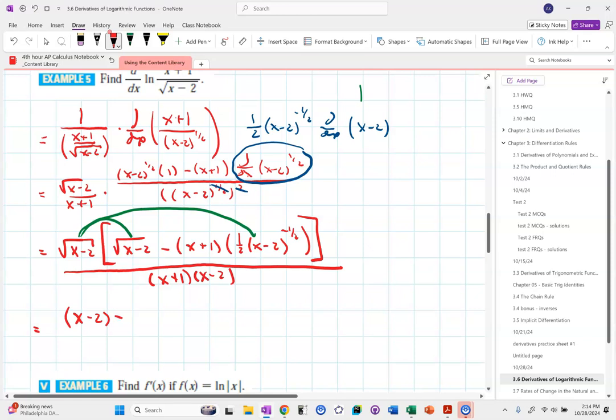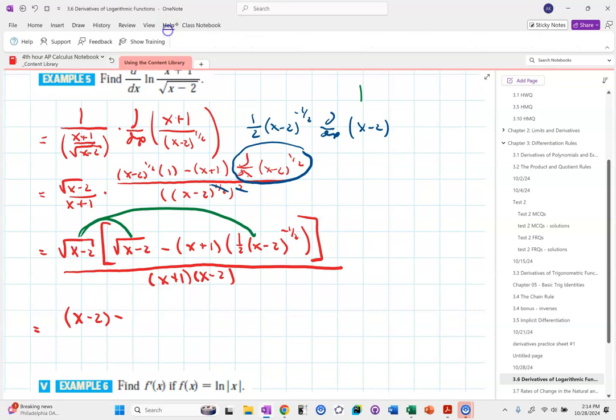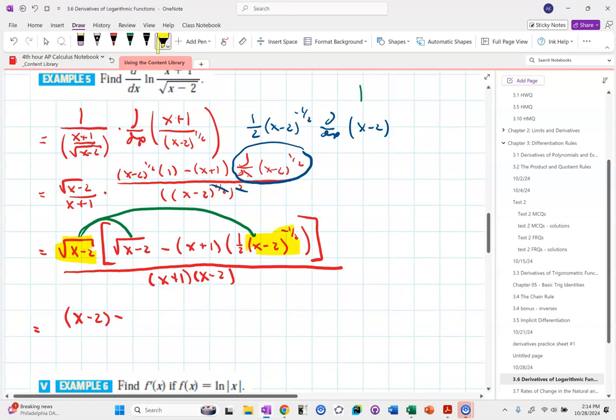And what's square root x minus 2 times x minus 2 to the negative 1/2? When I multiply those together, what do I get? 1! Right? Because the base is the same, we add the exponents. You get an exponent of 0. Ooh la la, I like that.